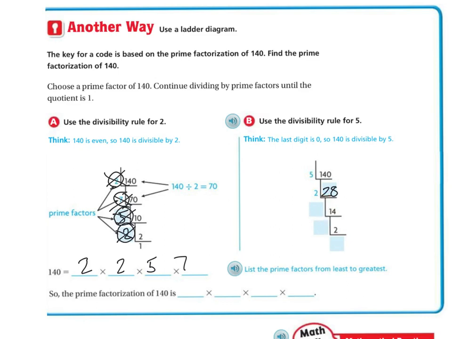And then we can say 7 goes into the 14 2 times, so there's my 2 right there. And then 2 goes into 2 1 time. So again, if I circle, I get the same thing: 2, 2, 5, and 7, because we don't need this one.